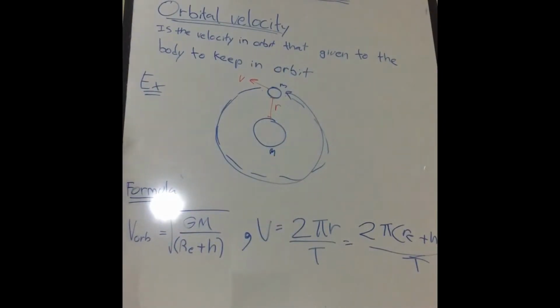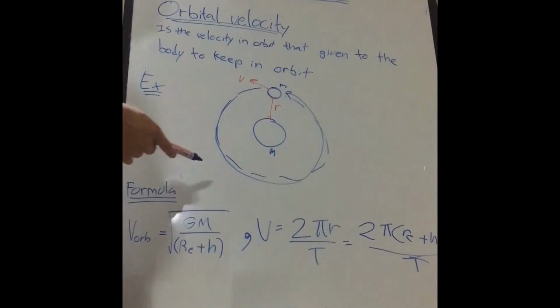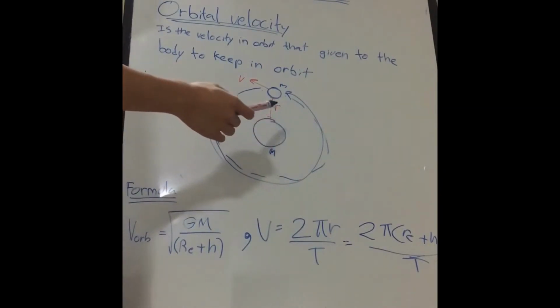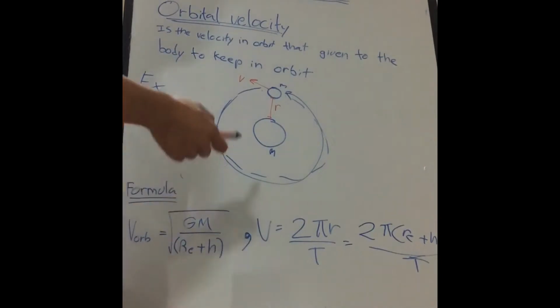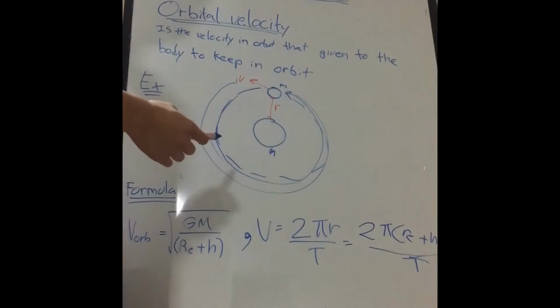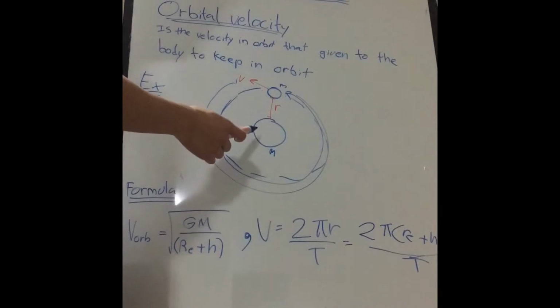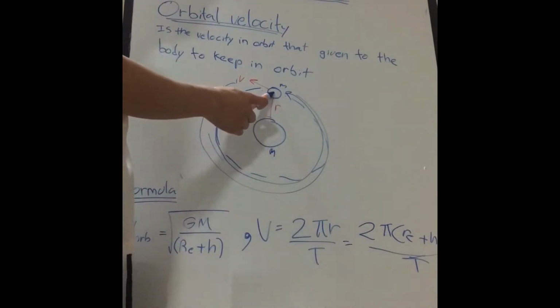The next one is about orbital velocity. The orbital velocity is the velocity given to a body to keep it in orbit. For example, if the moon is rotating around the Earth in a circular motion, we can see that it has velocity in the circular path, and it has a radius, or a distance, from the Earth to the moon.